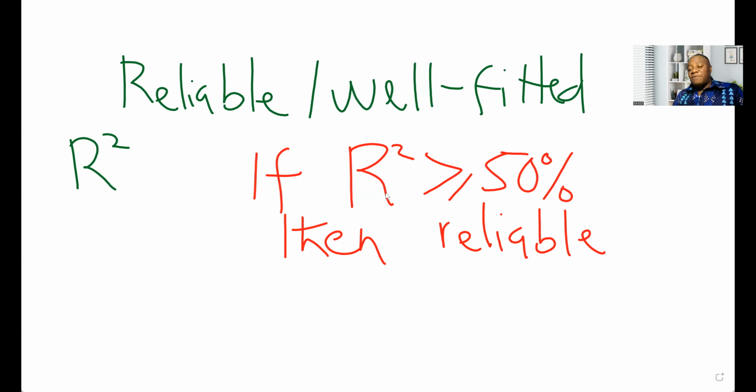The R square measures the variation in the dependent variable explained by all the independent variables.